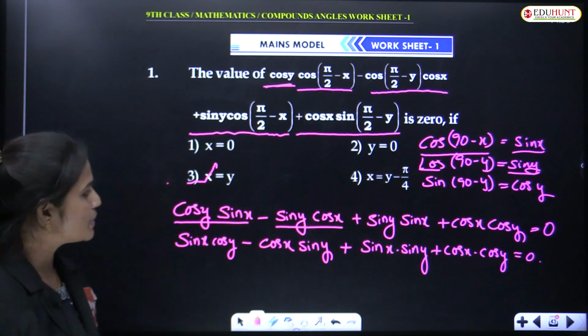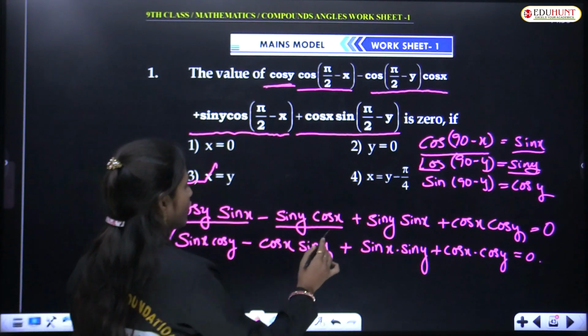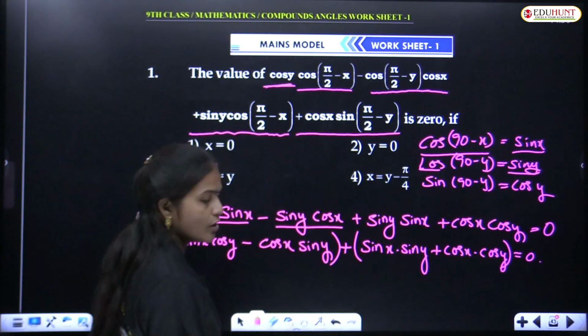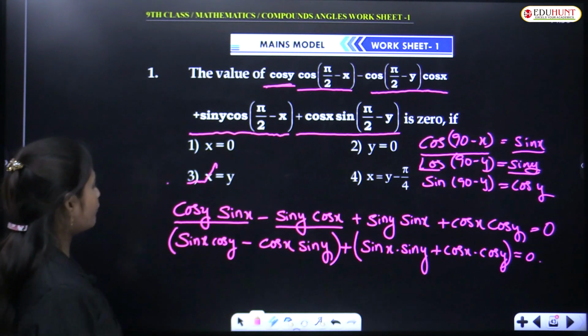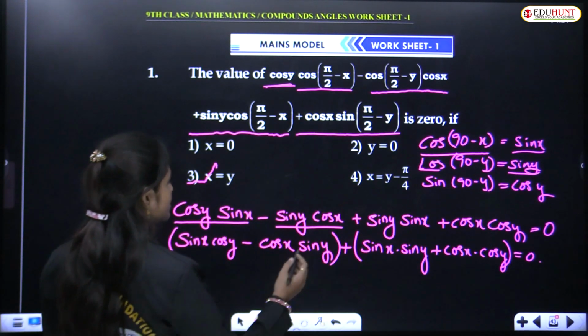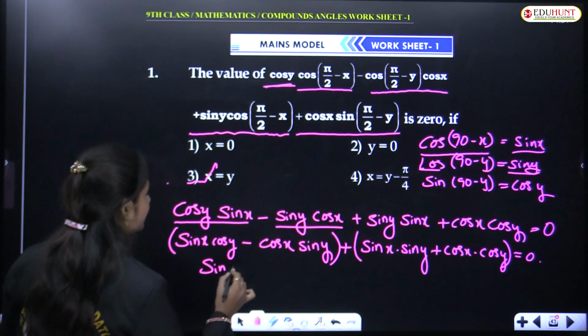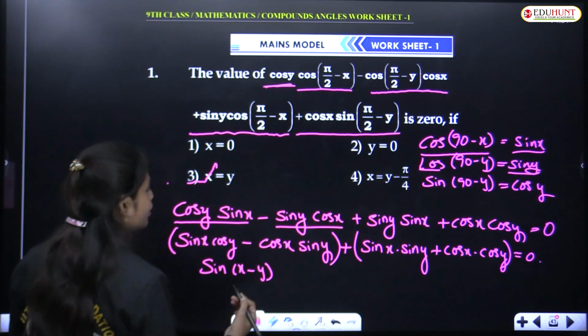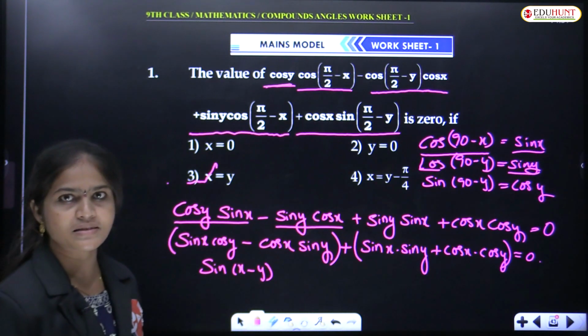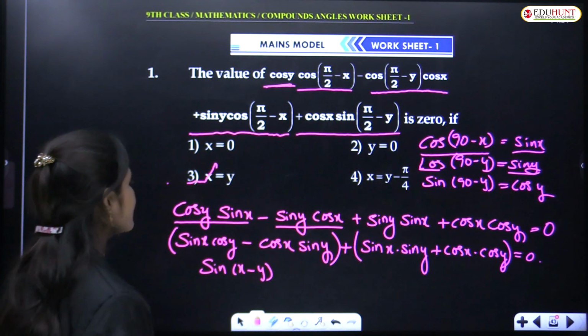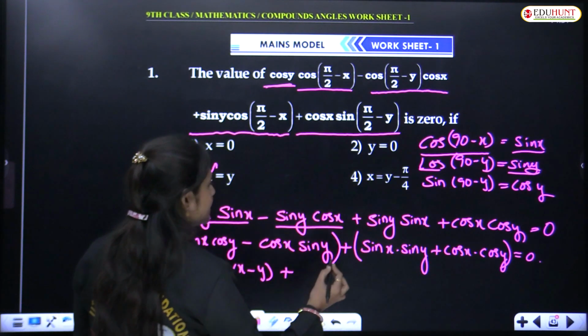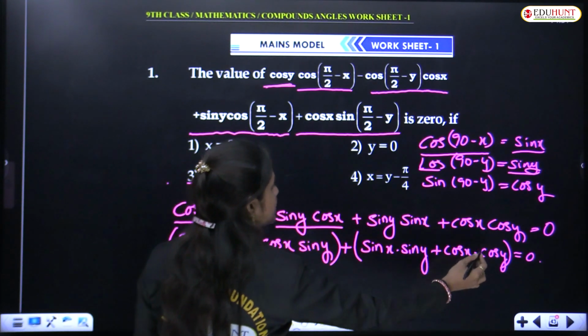Here by observing this, we can say that these two are direct formulas they have given. So this is the formula for sin a cos b minus cos a sin b. This is sin of x minus y, the sin of a minus b formula. Plus here sin x sin y plus cos x cos y.